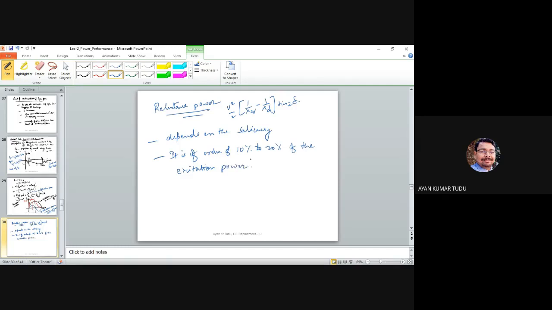Hence, it is usually neglected in the steady state stability studies.